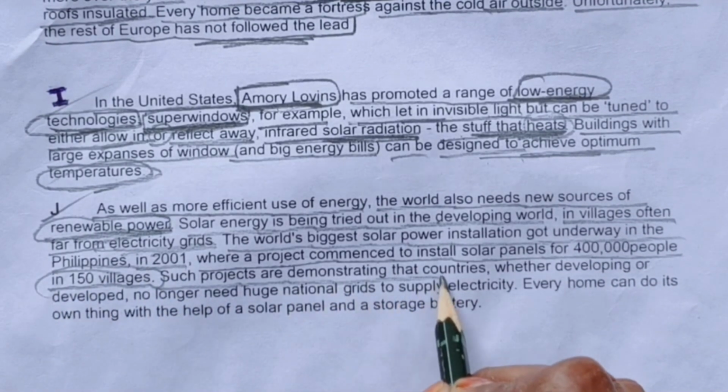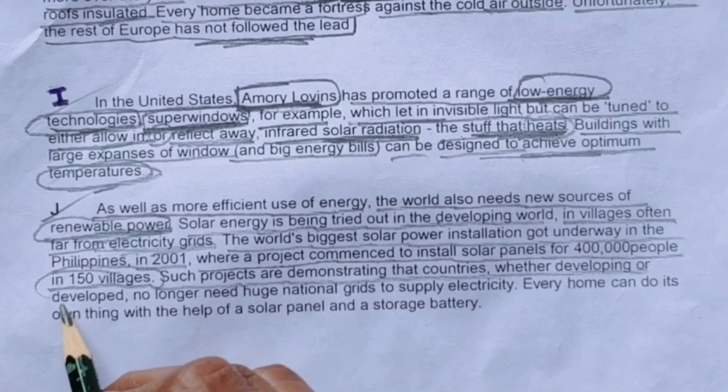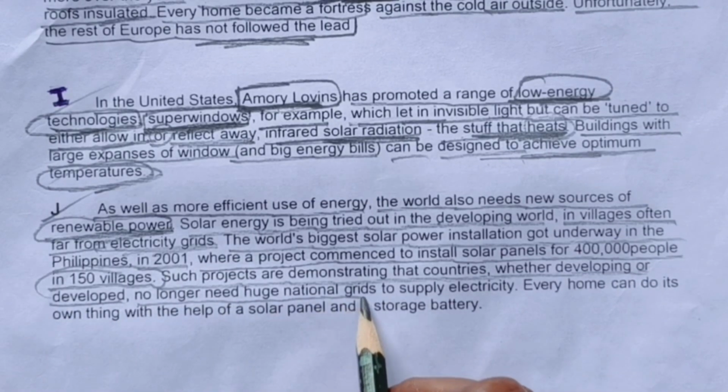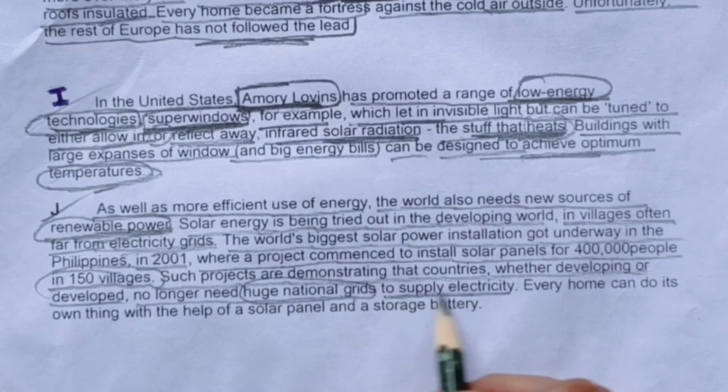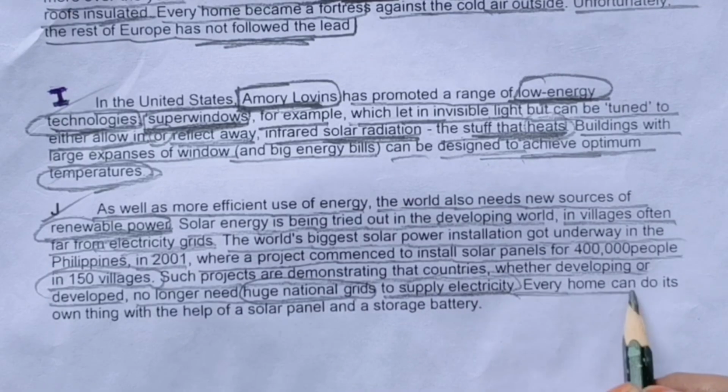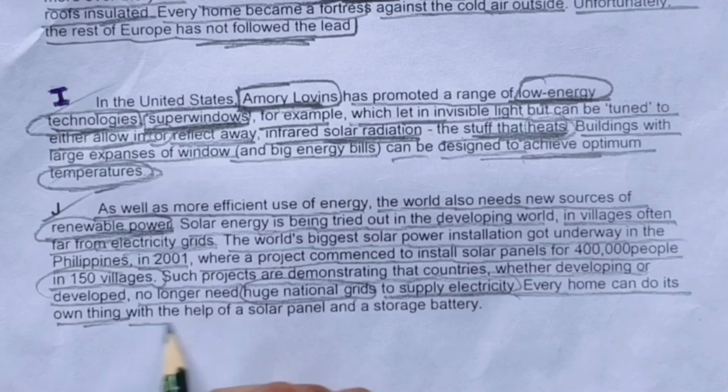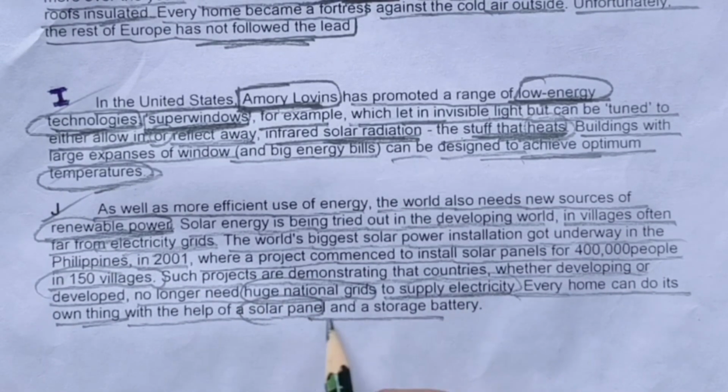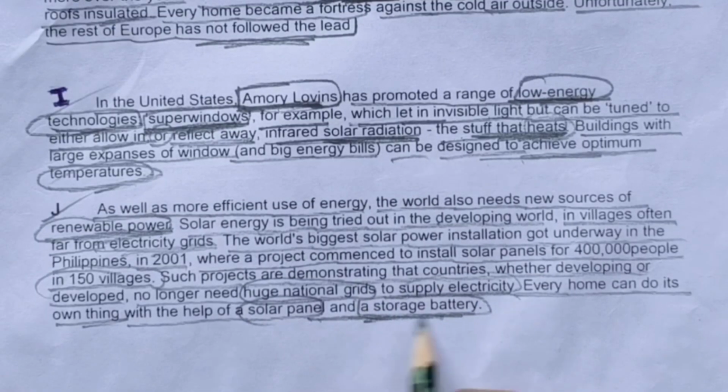Such projects are demonstrating that countries, whether developing or developed, no longer need huge national grids to supply electricity, if every home can do its own thing with the help of solar panel and a storage battery.